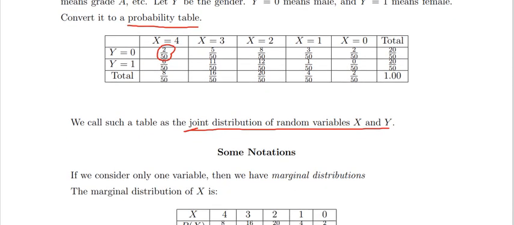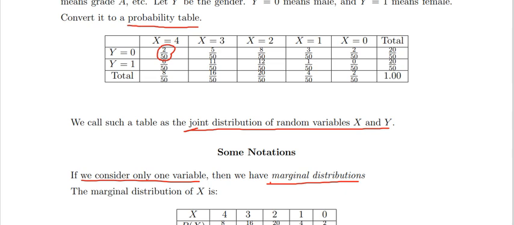Okay, so if we have two variables, we can introduce some notations. For a two-variable distribution, suppose we only consider one variable. Then we call that a marginal distribution.